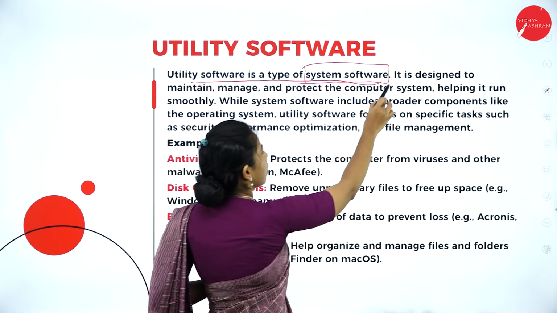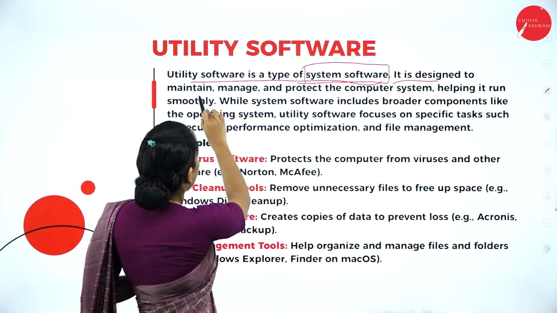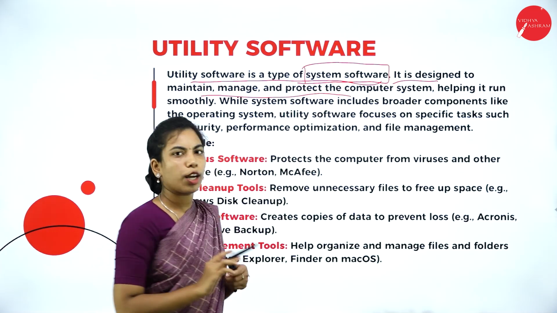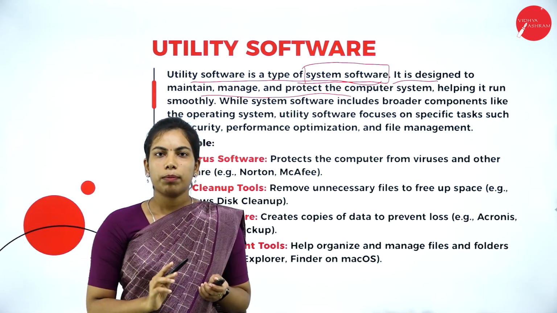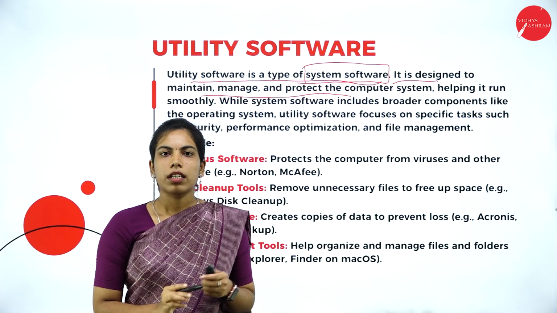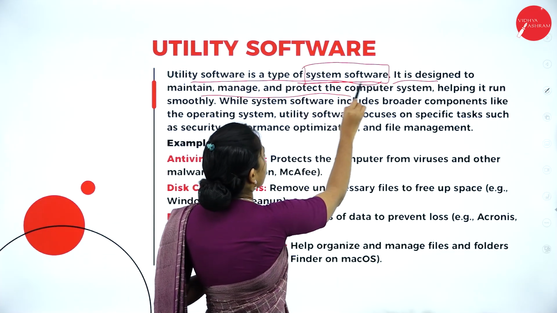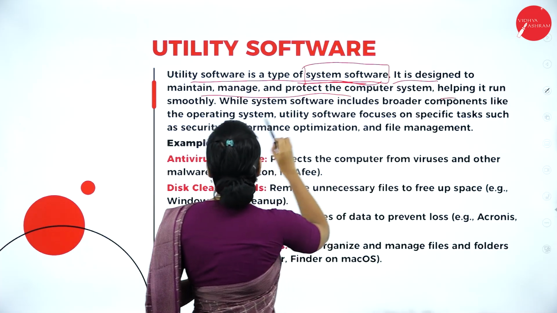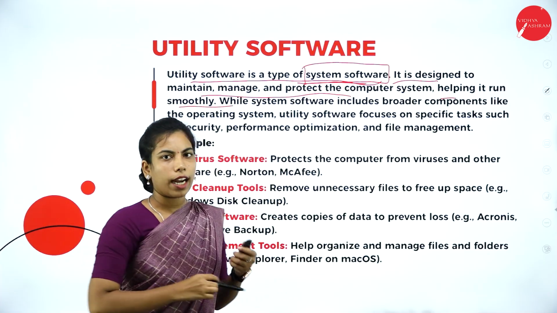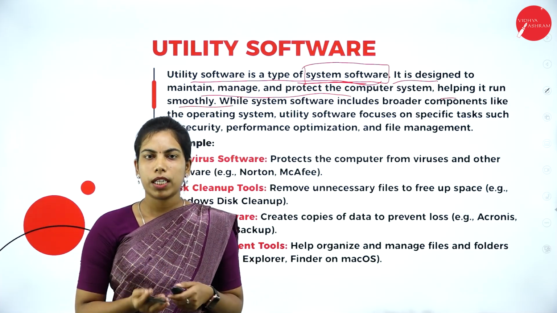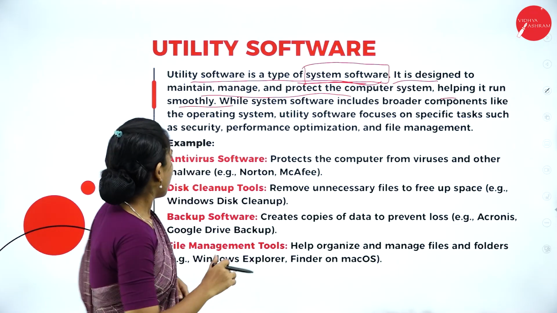It is designed to maintain, manage and protect the computer system. The main task of utility software is to maintain the system. That's why it's a subtype of the system software, helping it to run very smoothly and fast on the PC or computer.